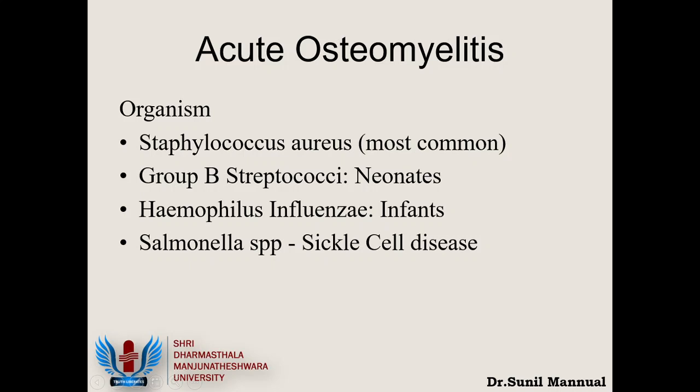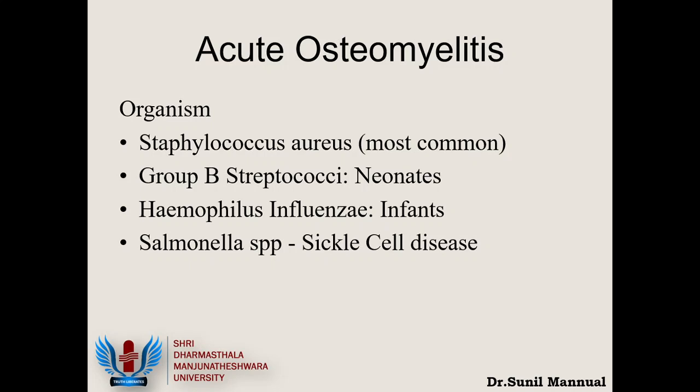And therefore group B streptococci is also part of the same maternal genital flora, and therefore in neonates you can get a higher incidence of group B streptococci. But this does not mean that that is the most common organism in neonates. In all age groups, I want you to understand that Staphylococcus aureus is the most common organism. It is just that in neonates, sometimes you may get a higher incidence of group B streptococci.